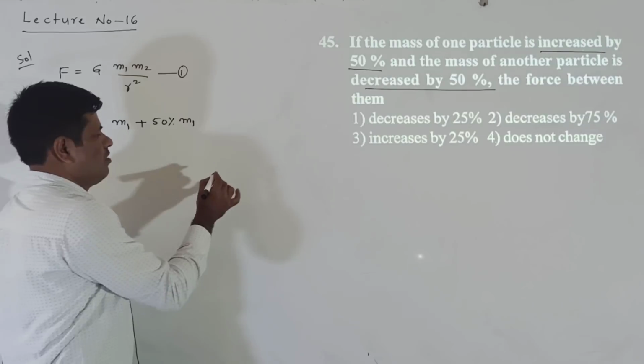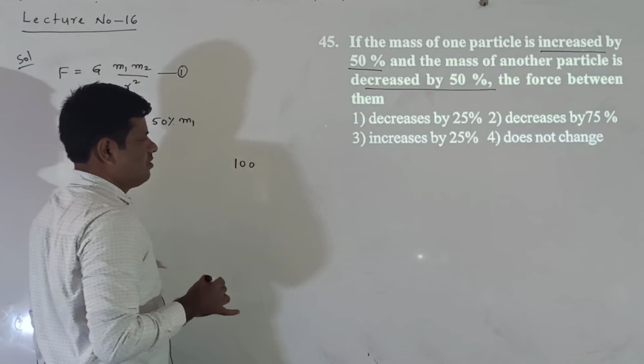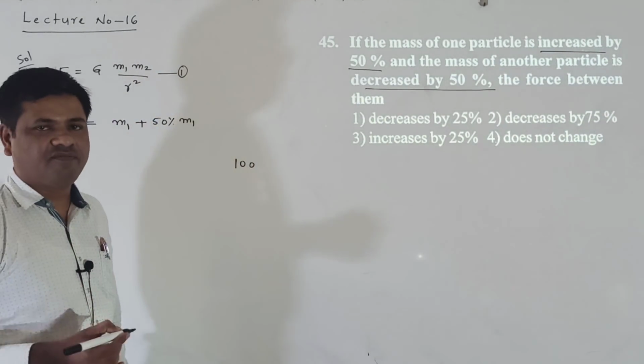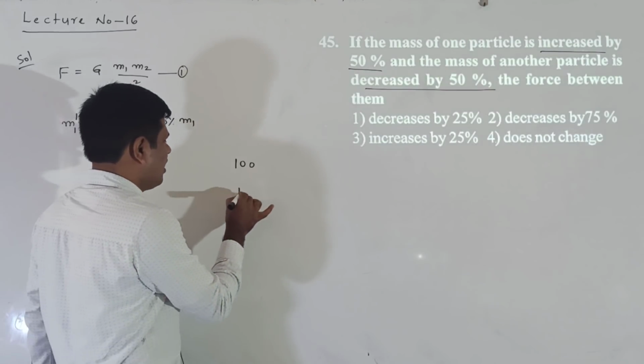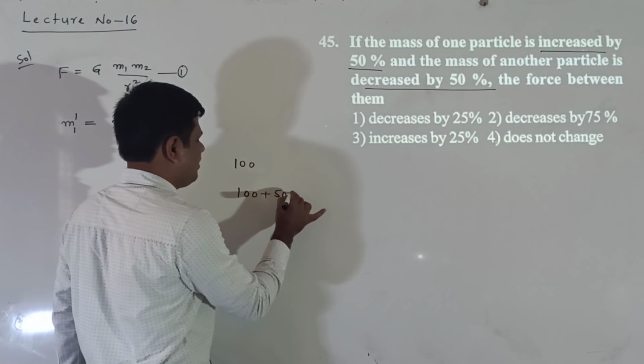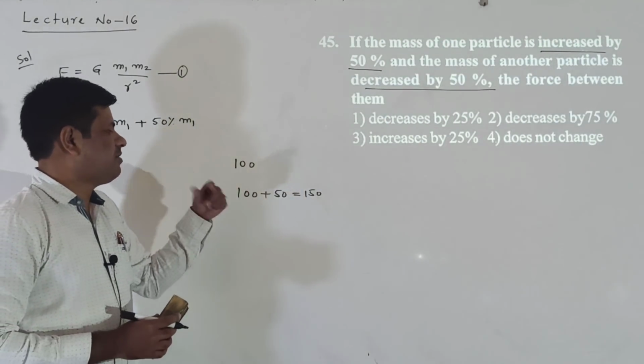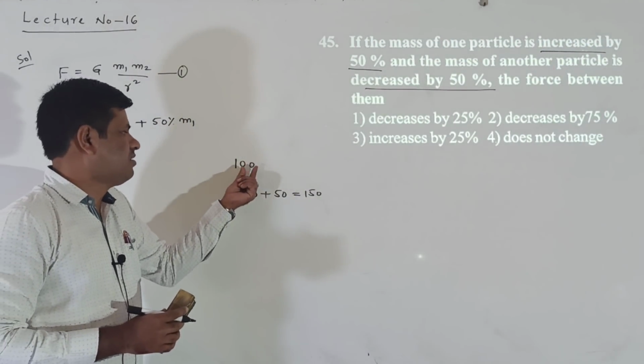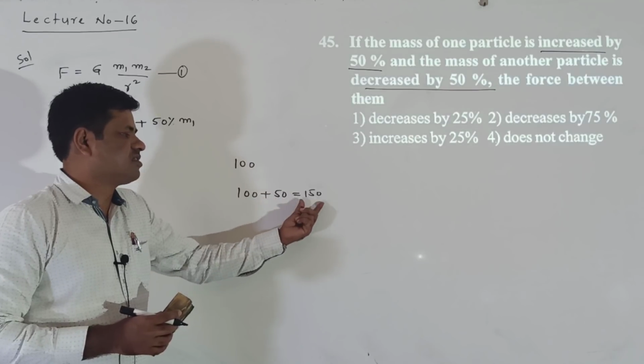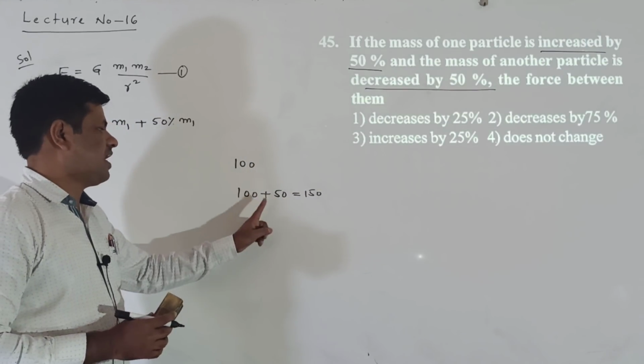Suppose 100 is there. For this 100 I am increasing 50%. 50% means 100 plus 50, total becomes 150. So 50% of 100 is 50, and totally we are getting 150.